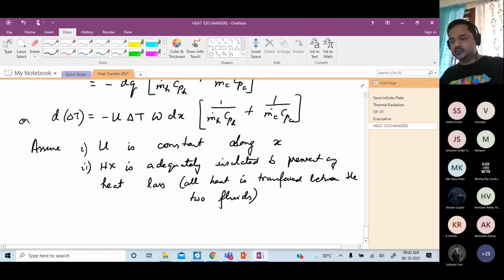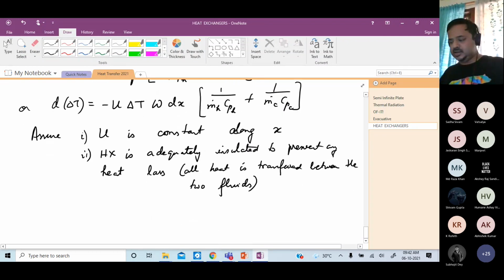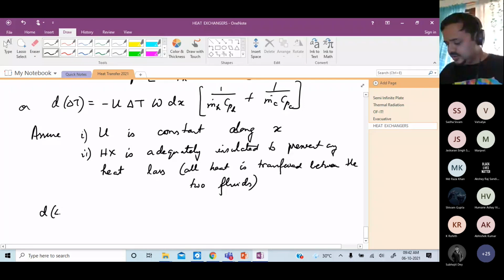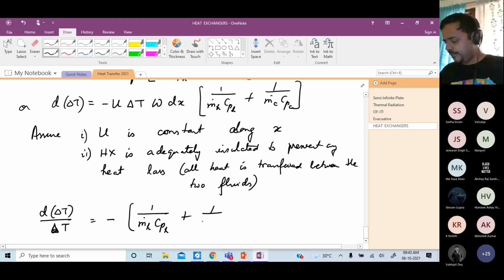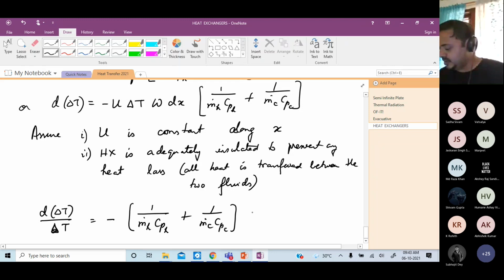I can write it as d of delta T over delta T, minus, and then plus all that stuff times U delta T. I've already taken out U W dx.